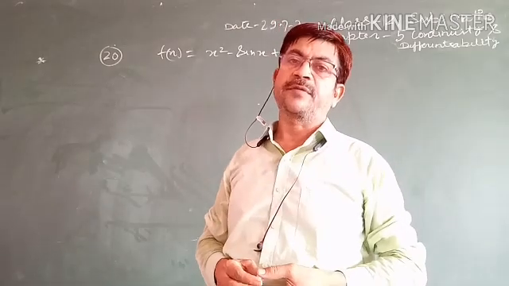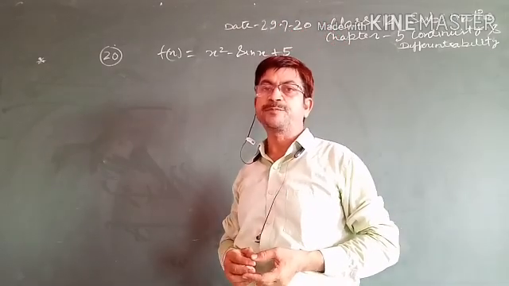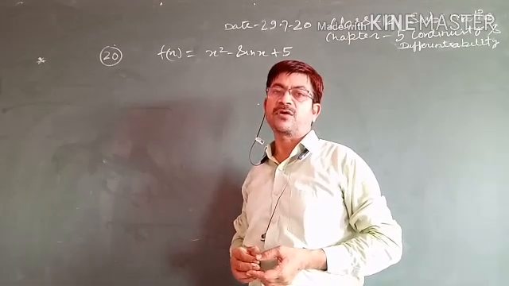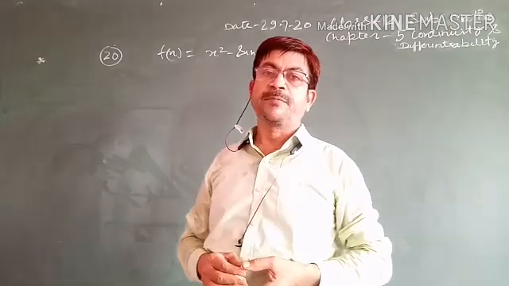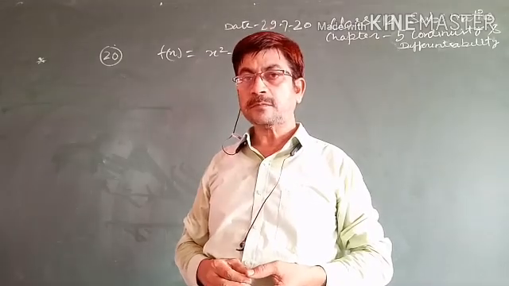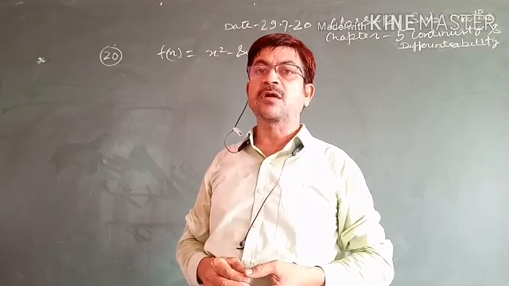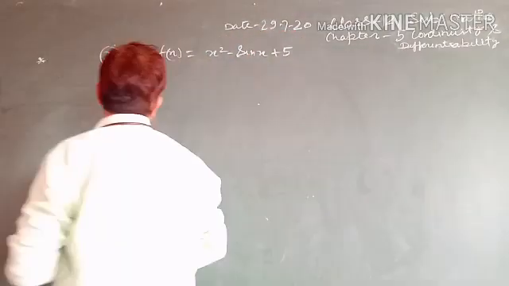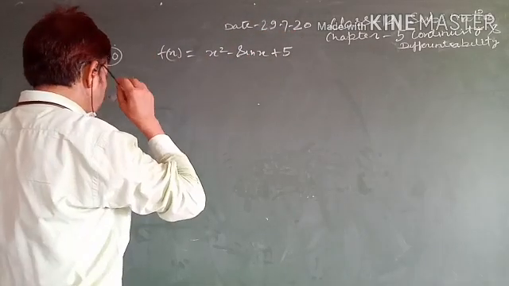For left continuous we prove left hand limit is equal to value of function. For right continuous we prove right hand limit is equal to value of function. Okay, so we find limit of function.